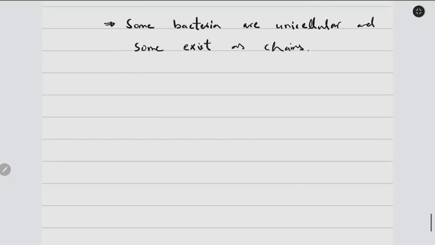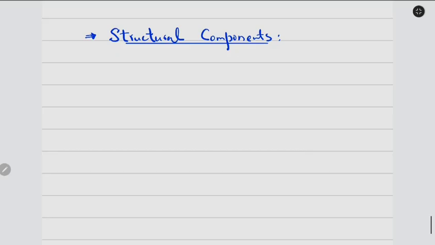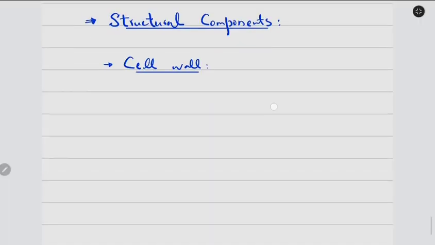Now let's go into the detailed structure of bacteria. The structural components of a generalized prokaryotic or bacterial cell. If you remember, a bacterial cell usually has a cell wall, not all of them.